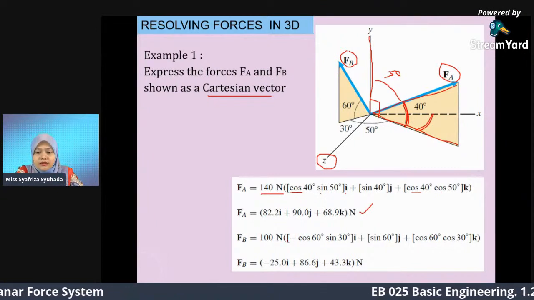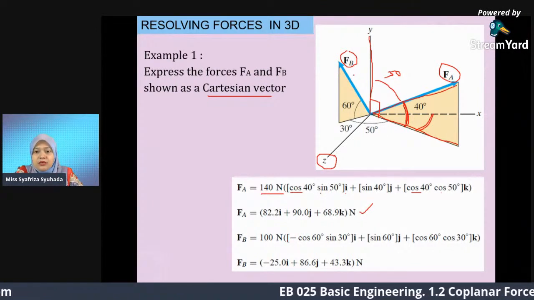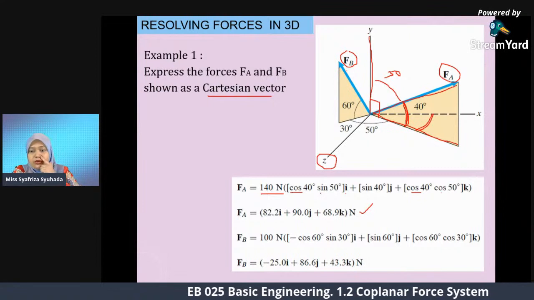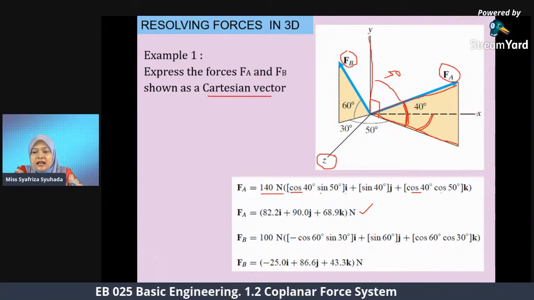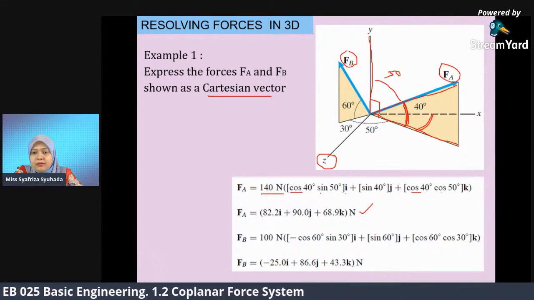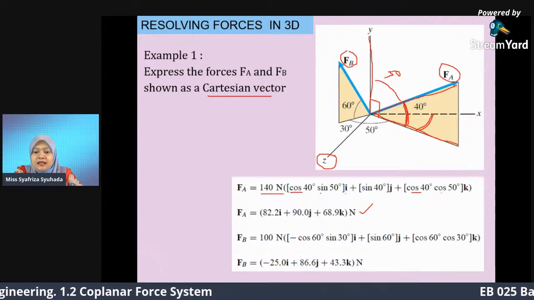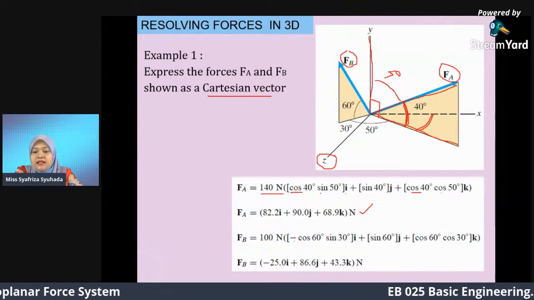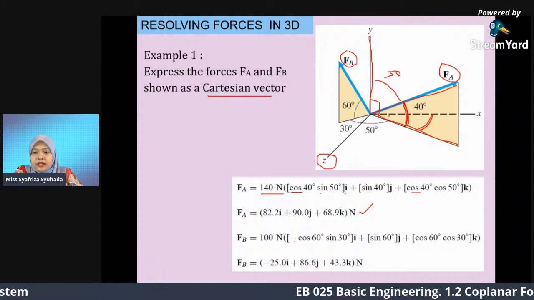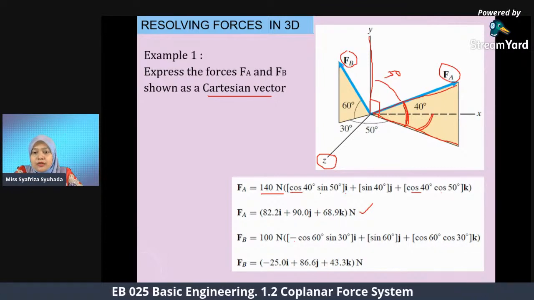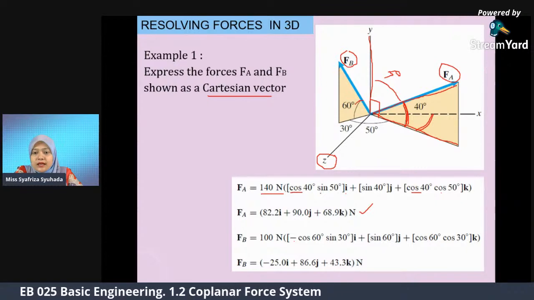In bracket juga. Okay nah, FB, nak tahu FB. Kita tengok dulu FB. Untuk paksi X, kita kata ke kanan positif. Tetapi FB, dia ke kiri. That's why dia jadi negatif. Okay, nak tahu paksi this one. Okay, macam mana? Kita turun dulu FB ke bawah. So, dia akan ada sudut 60 darjah.